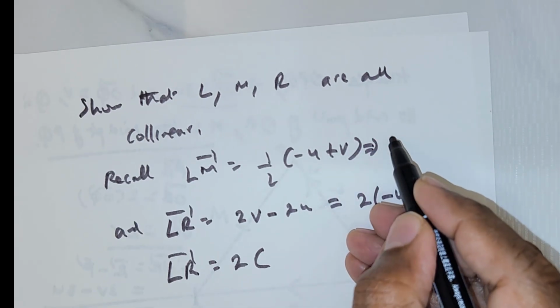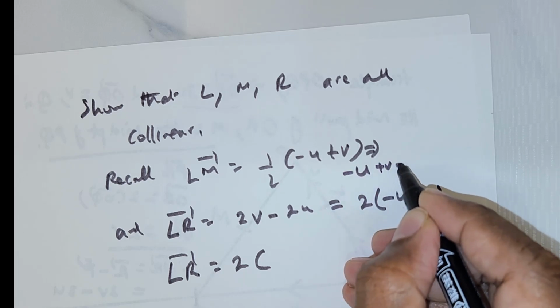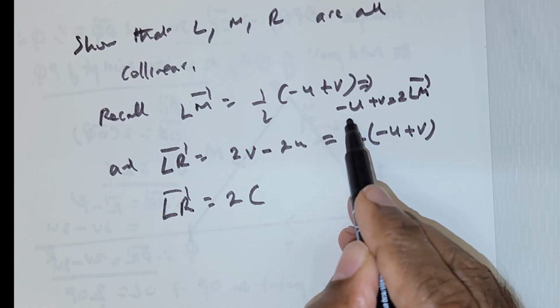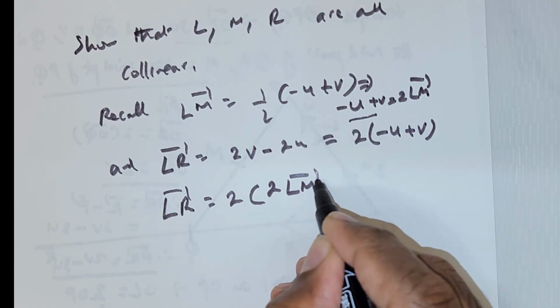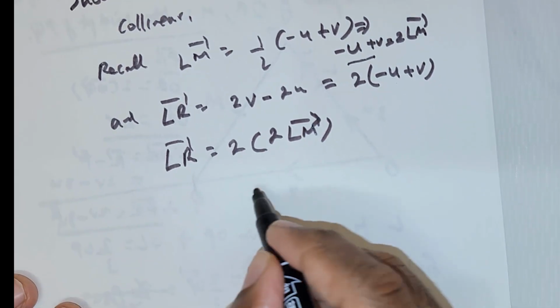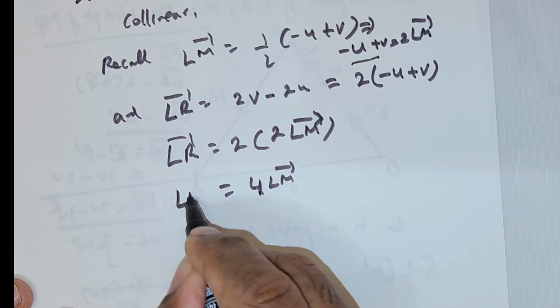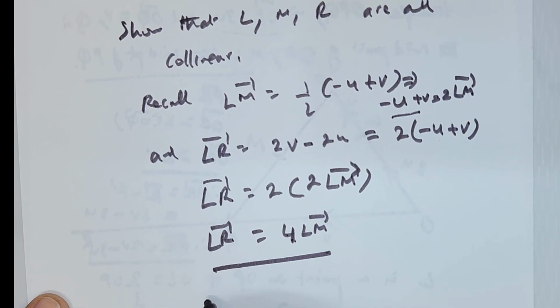See, negative U plus V, you can rewrite this. This means negative U plus V is 2 times of LM, right? So in place of negative U plus V, I can substitute 2 times of LM vector. So this is nothing but 4 times of LM vector, which is equal to LR vector. Okay, so what is the meaning of this?